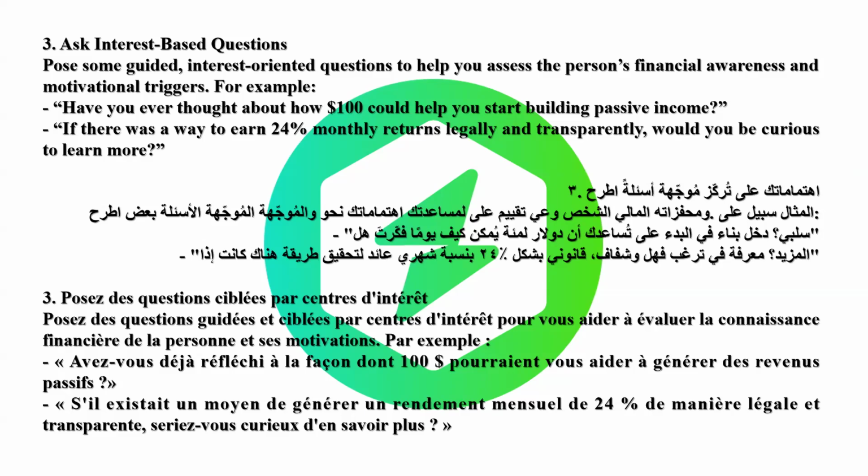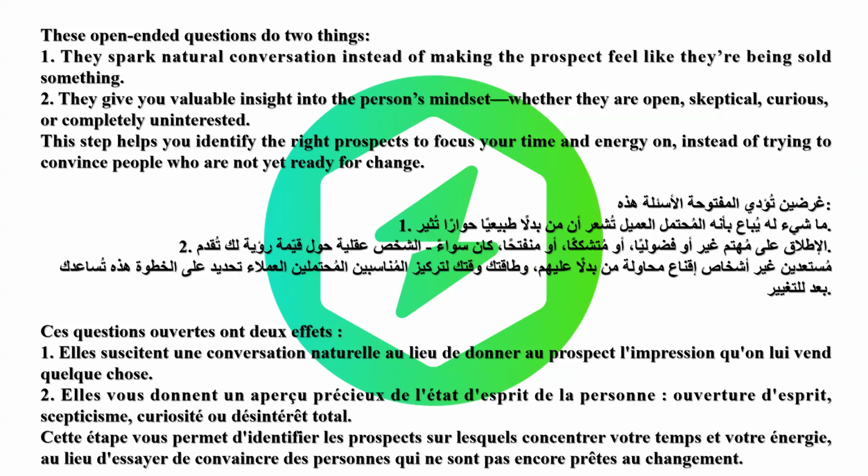If there was a way to earn 24% returns legally and transparently, would you be curious to learn more? Right? So all these questions are very attractive and make people curious. So you have to ask questions more cleverly.